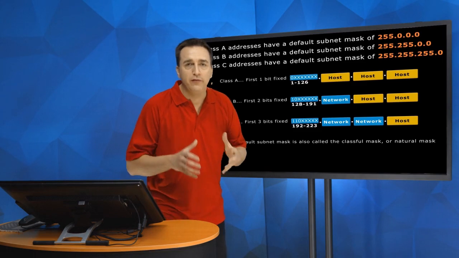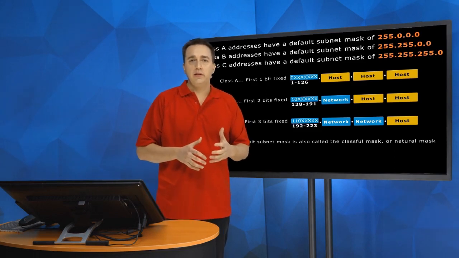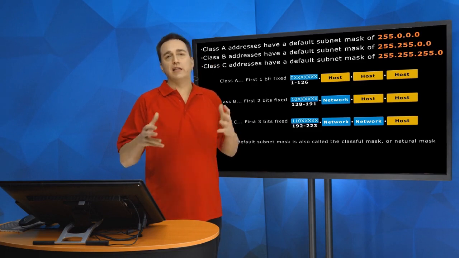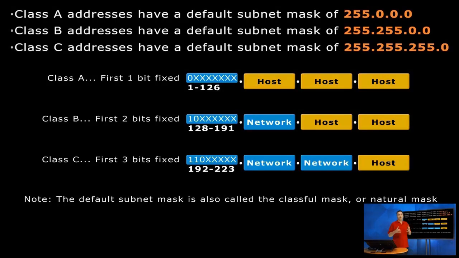We have default subnet masks, which makes these addresses classful, when you're using a Class A address with its default subnet mask, or a Class B address with its default subnet mask, or a Class C address with its default subnet mask. So if I have an IP address that starts anywhere in the first octet from 1 to 126, I have a Class A address. So by default, its subnet mask is going to be 255.0.0.0.